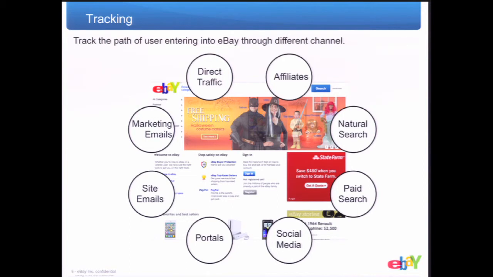Then there is natural search. You go to a search engine and type for an item like iPhone, iPad, MacBook, and you get a bunch of results. The results on the left-hand side are called the algorithmic results. On the right-hand side, you get the paid search results. eBay cares about both of them.